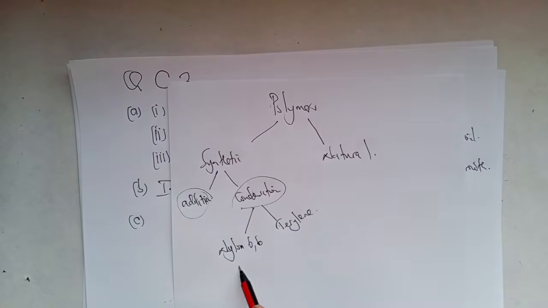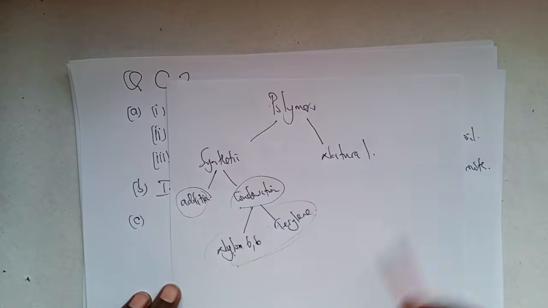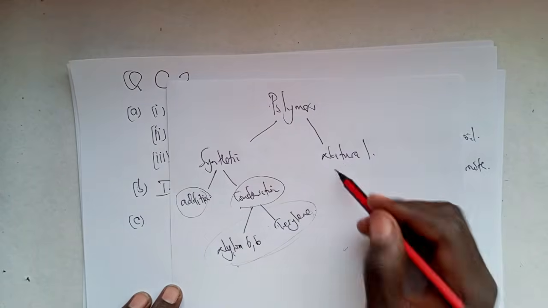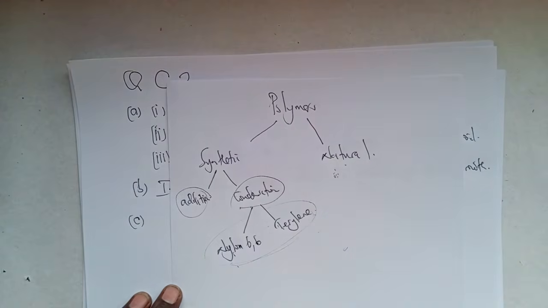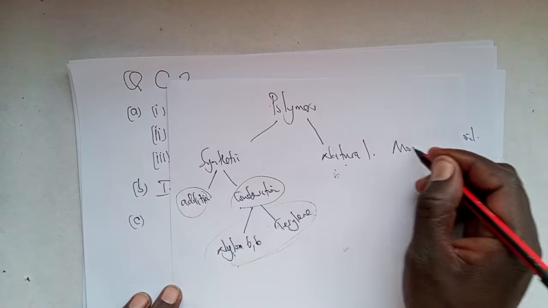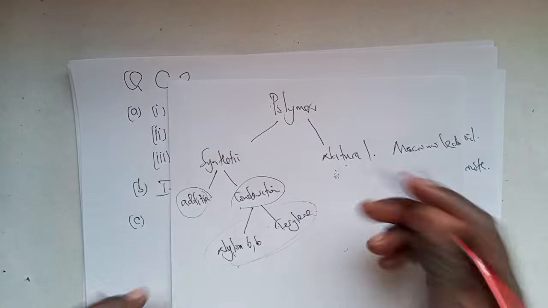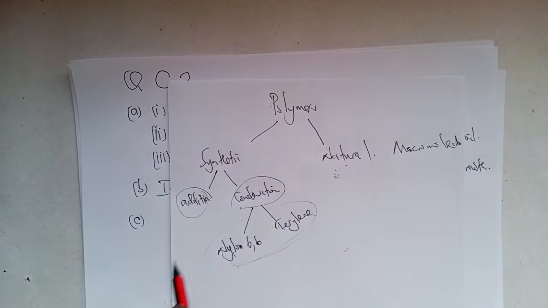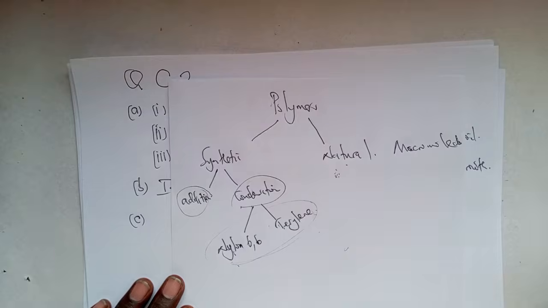These 2 are very important because these are the ones which normally come in the exams, and they usually confuse a lot. Before we go to these, these are condensation polymers; there are also natural polymers or macromolecules, where we find protein, starch, fatty acids and glycerol and things like those.